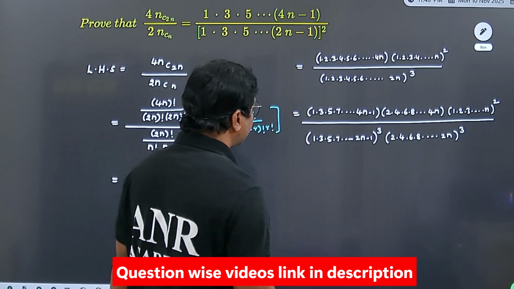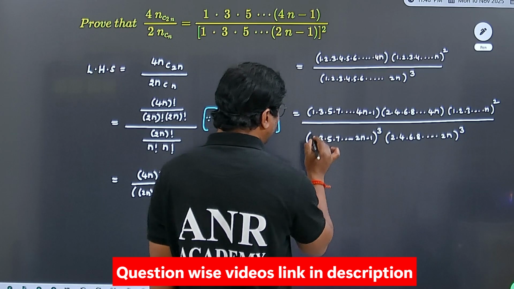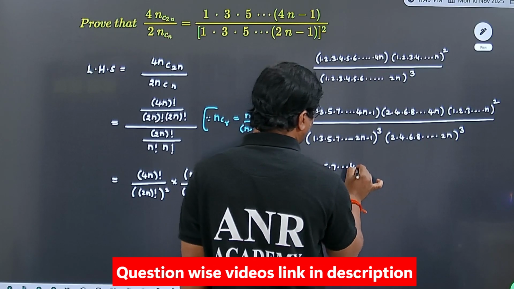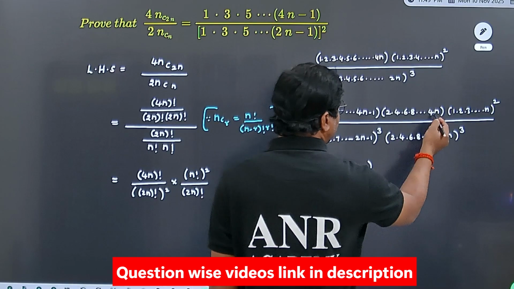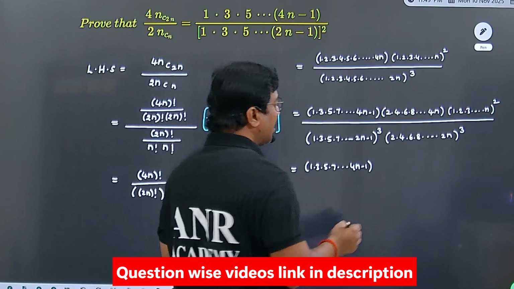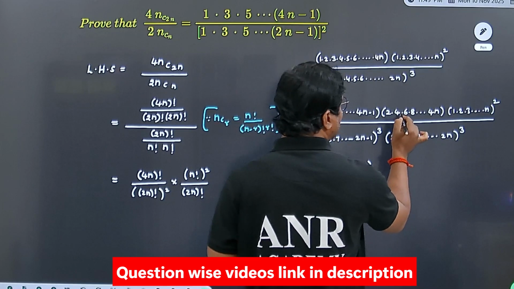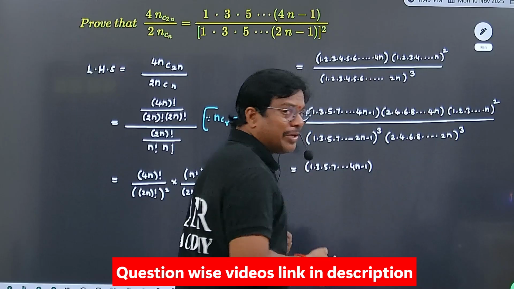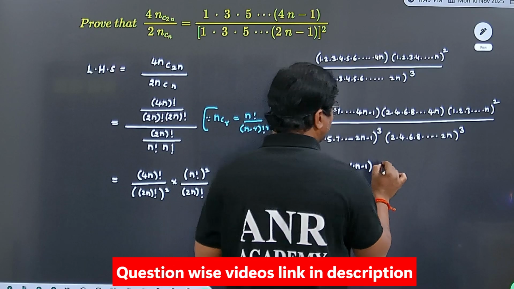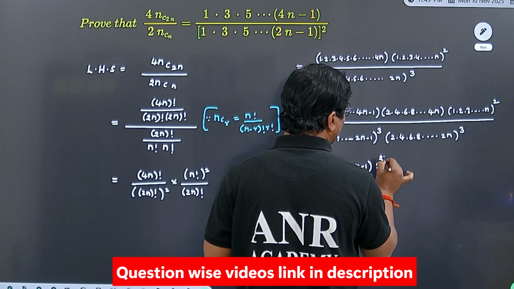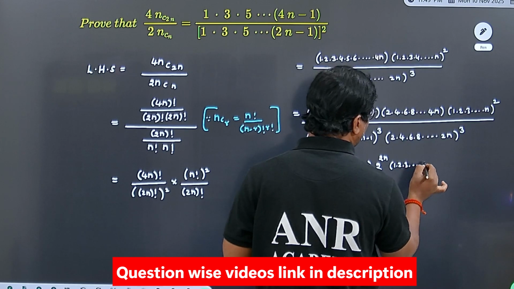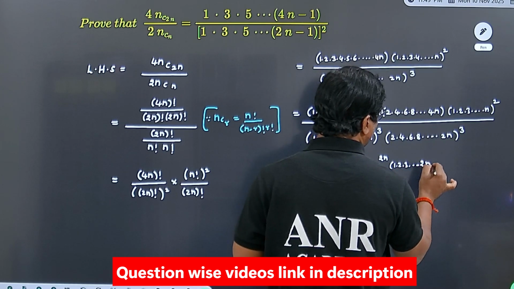Now I am rewriting this: 1, 3, 5, 7 and so on 4n minus 1. Next, here from each term if you take 2 common, what happens? 2 into 1, 2 into 2, 2 into 3, 2 into 4 and so on 2 into 2n. How many 2's can you take out? 2n times, so that 2 power 2n, remaining 1, 2, 3 and so on 2n you will get.